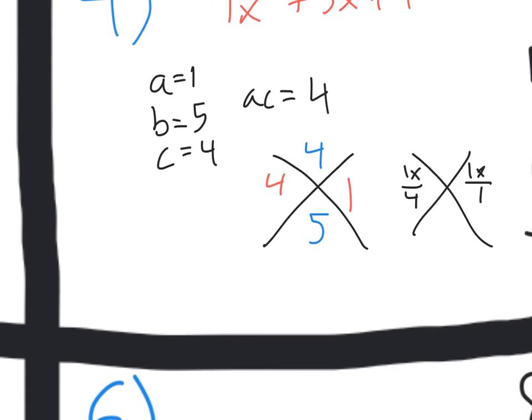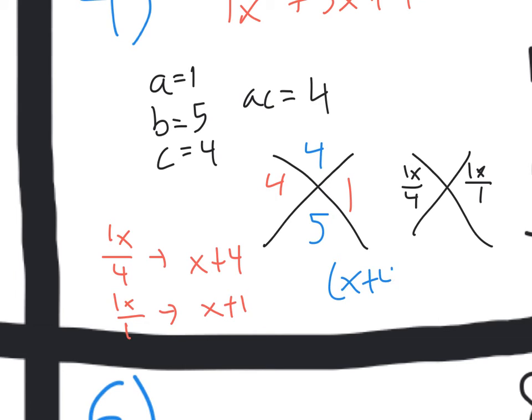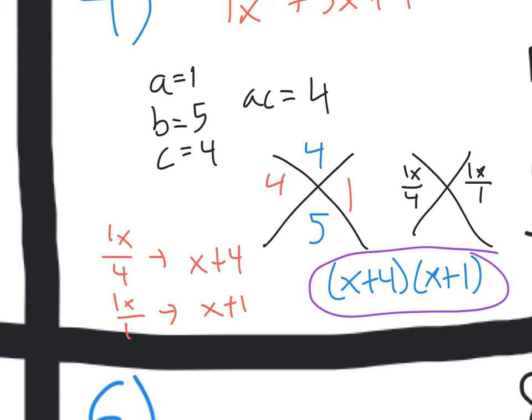And that means that 1x over 4 would become x plus 4, and then 1x over 1 becomes x plus 1. So there are our two binomial factors. Just go ahead and write them as a product, and you have officially factored that polynomial right there in purple.